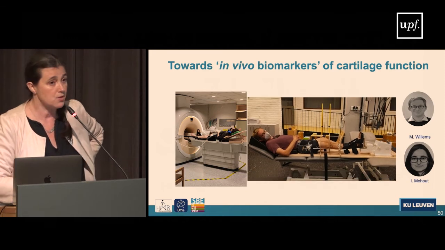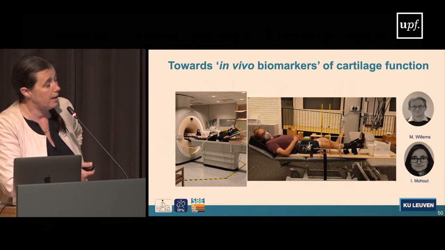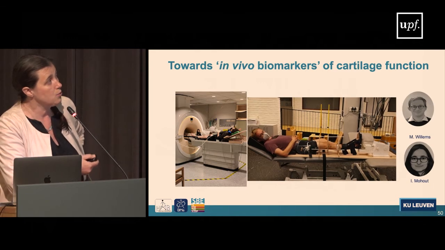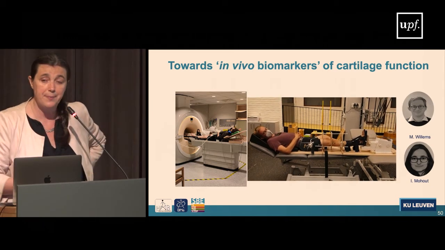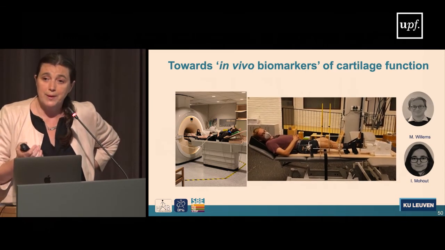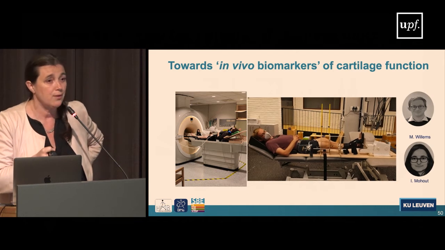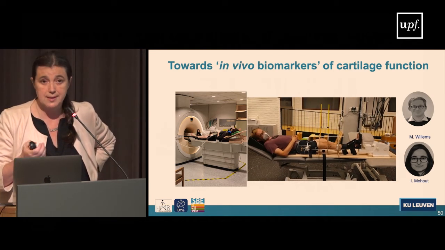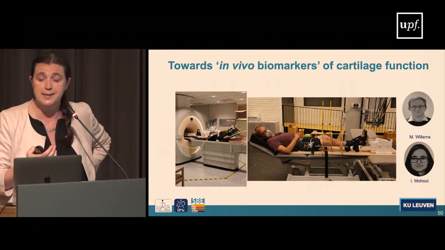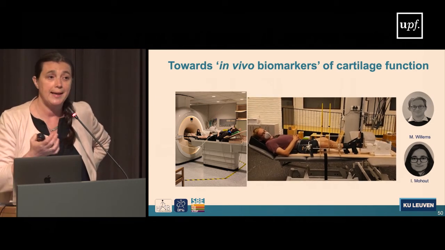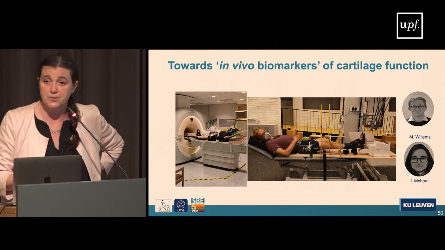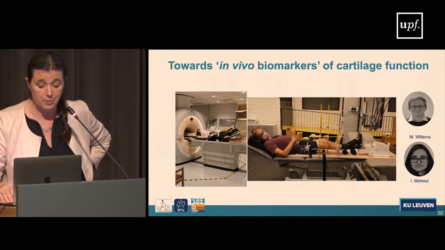This is a pneumatic compression device that we will be using in our MRI in patients, and with this setup, we can follow the mechanical function in vivo, for instance, in patients who have had ACL rupture. And combining this with the modeling approach will allow us to validate some of the insights of the models.